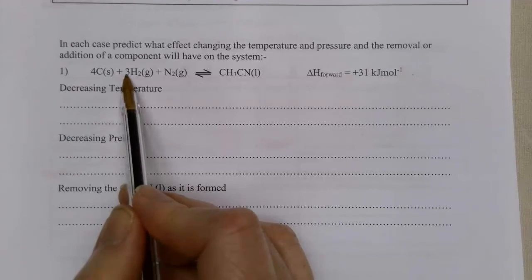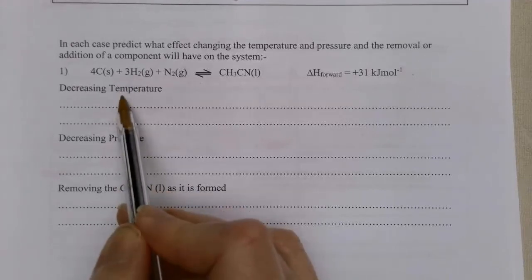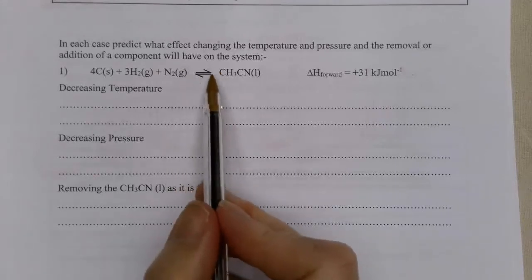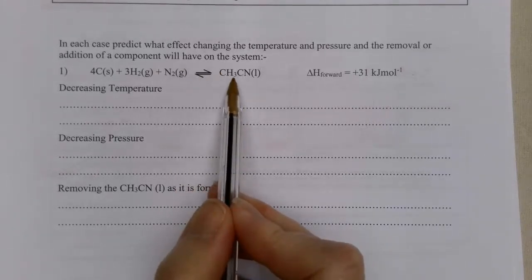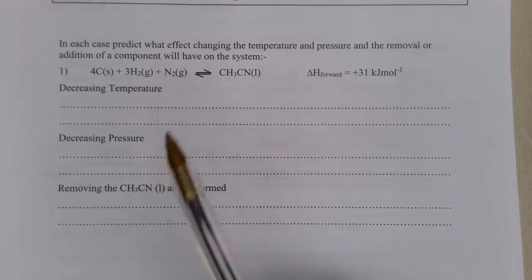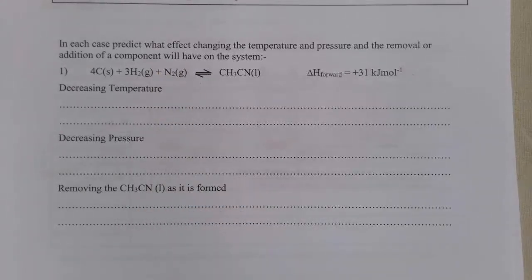Same magnitude, but a different sign. So if we decrease the temperature, the system will try to counteract that change by increasing the temperature. Well, if it shifts forwards, that's not going to help, because that's just going to make the whole thing colder. So the system will counteract the decrease in temperature by shifting backwards.